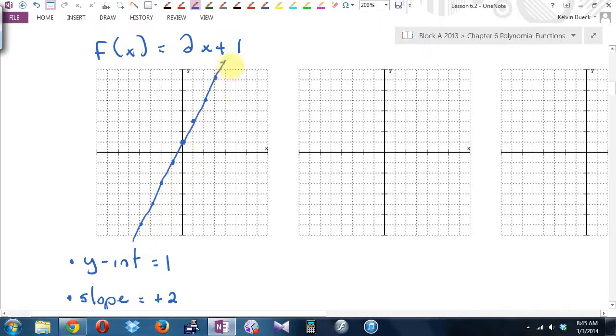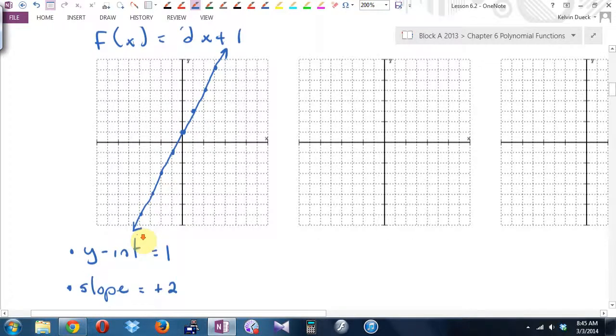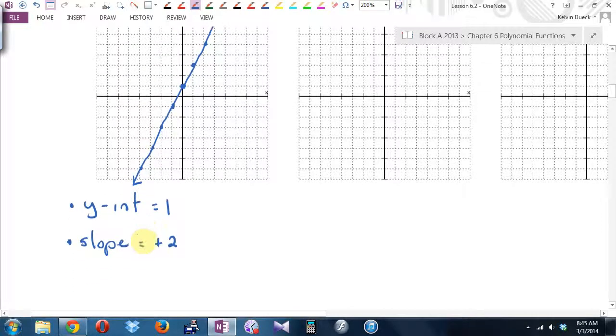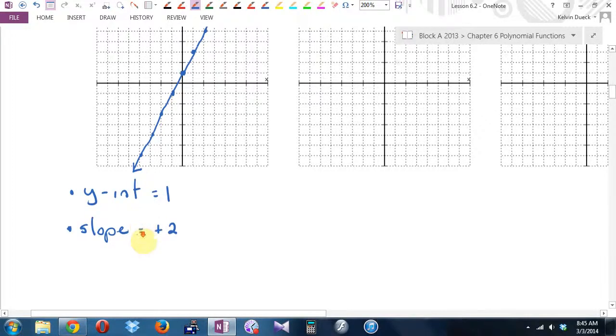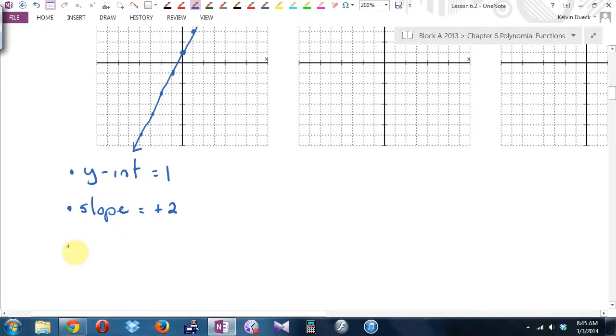This is math 10, hopefully. Looks like that. What else could I ask you for or ask you to tell me about? Well, we had something that we called the domain.